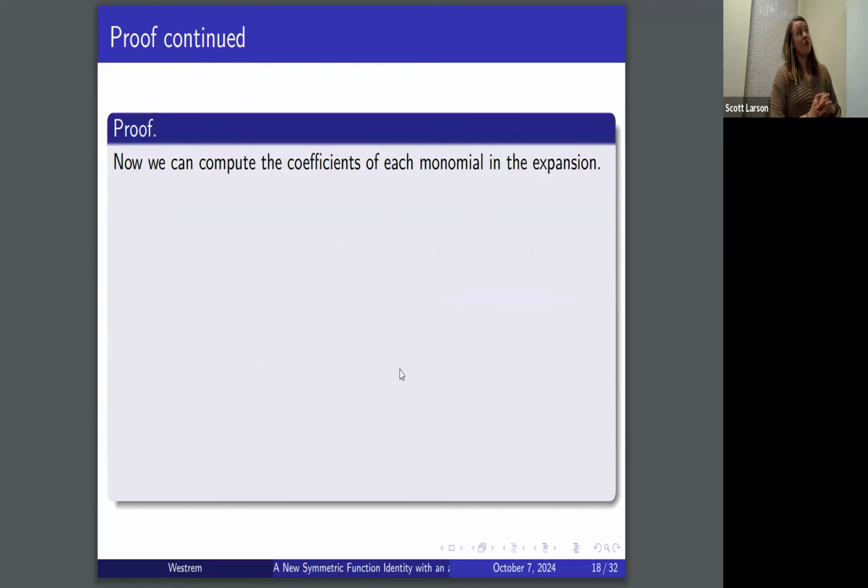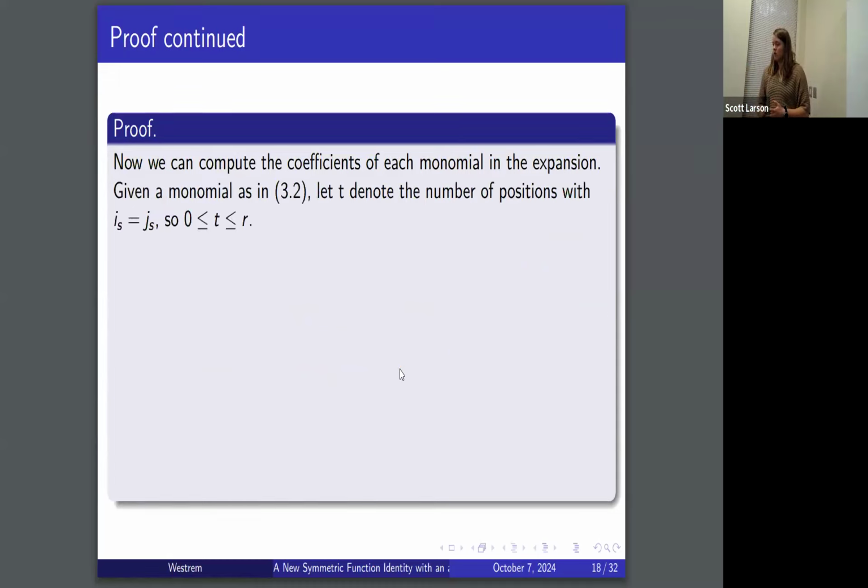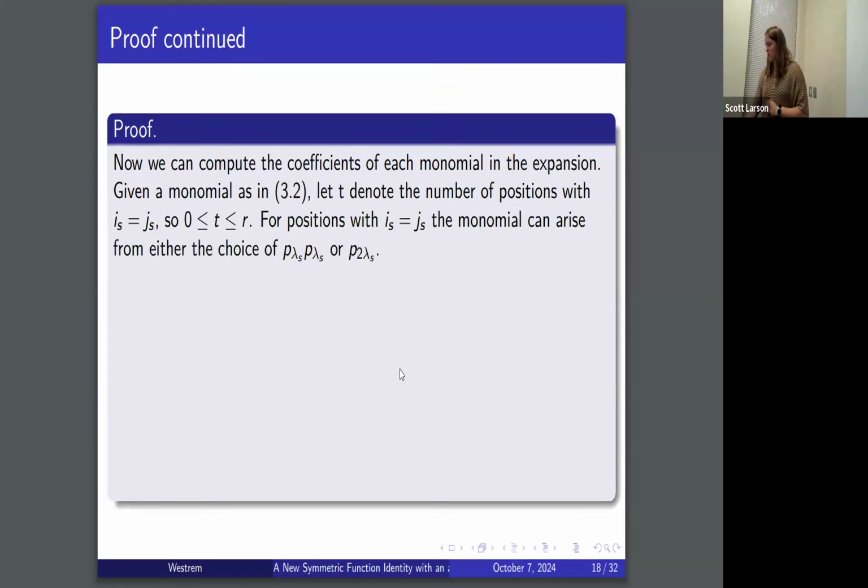Okay, so now we look at the coefficients. How are these monomials canceling in the expansion? We denote t to be the number of positions where we make the choice of using p sub 2 lambda k, the number of times we combine those together in the monomial.